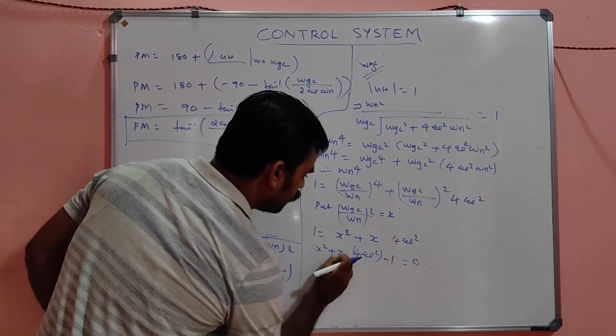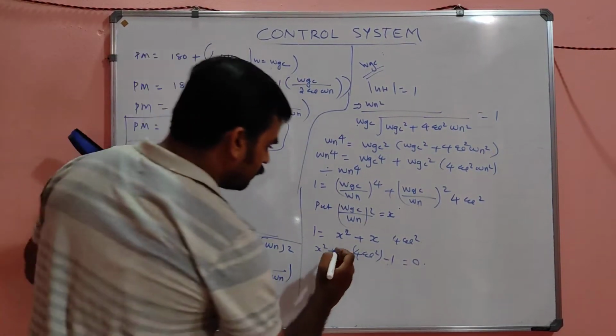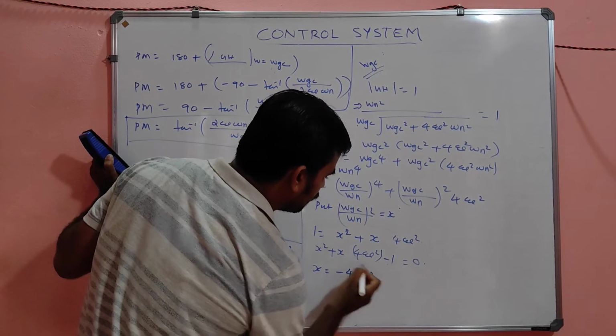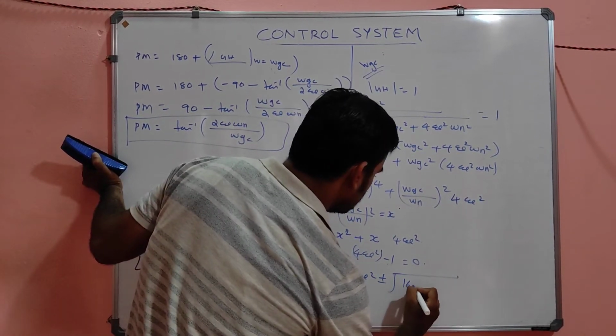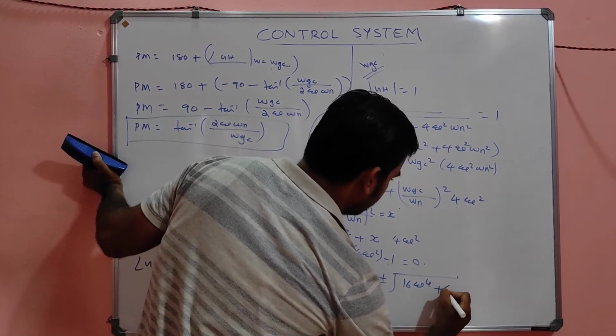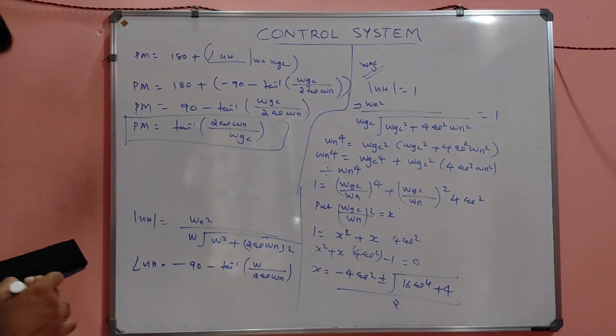Okay, x square plus x into 4 theta square minus 1 is equal to 0. Okay, my dears. So what will be x now? X will be nothing but minus 4 theta square, that's minus b, plus or minus root of b square 16 theta raised to 4, b square minus 4ac, divided by 2.